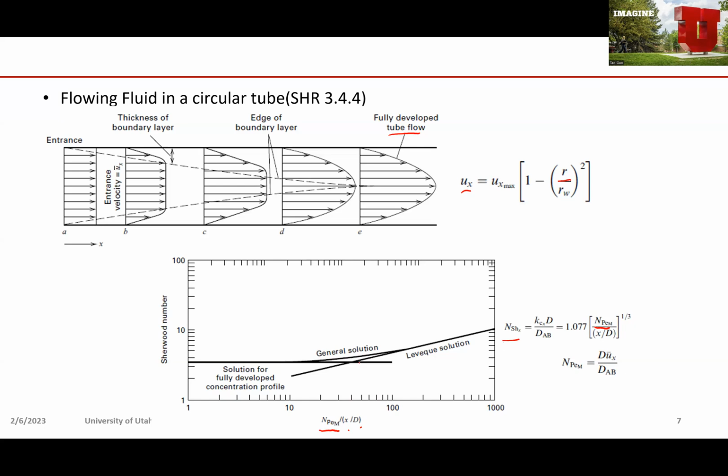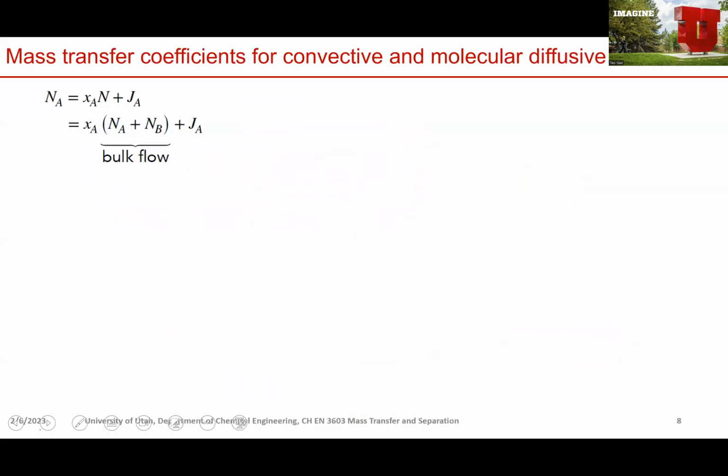Then you can compute the mass transfer coefficient, and you can compute the mass transfer flux due to molecular diffusion. Okay, so that's 3 examples in which we can apply the mass transfer coefficient to solve for mass transfer flux due to molecular diffusion, right?